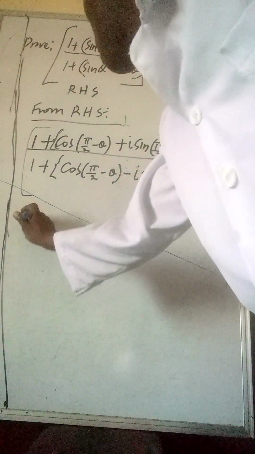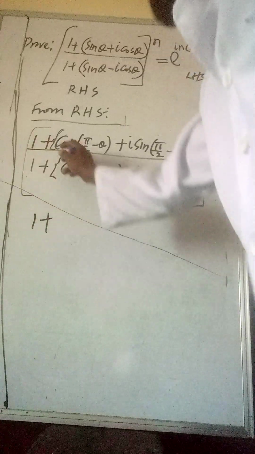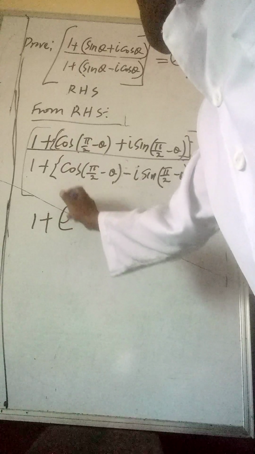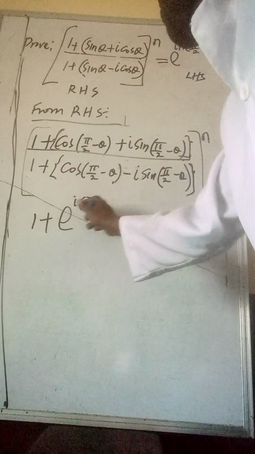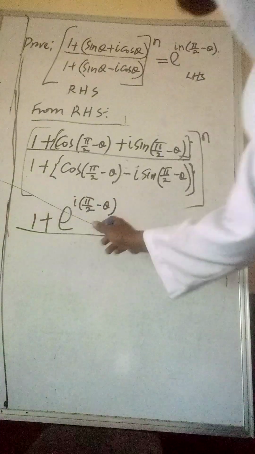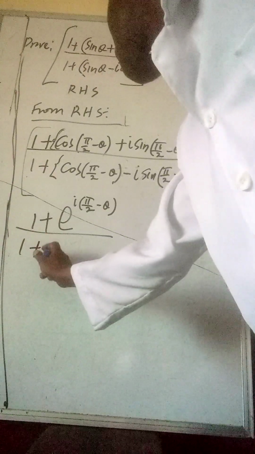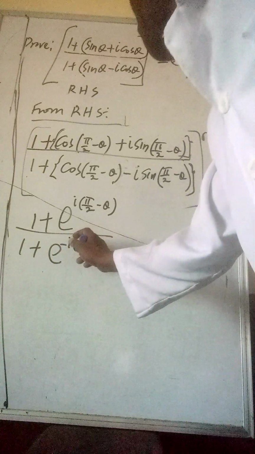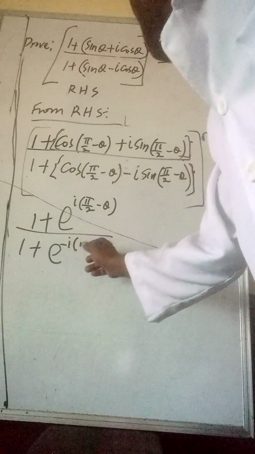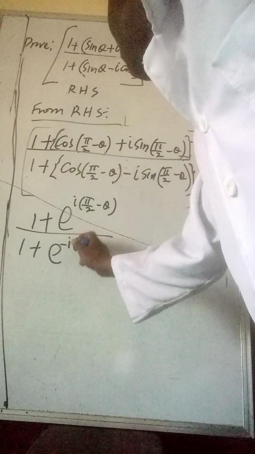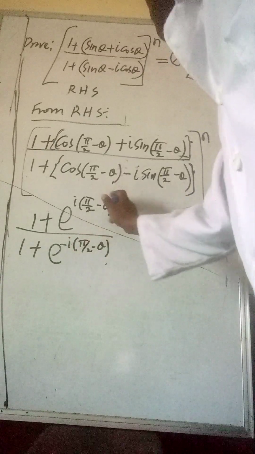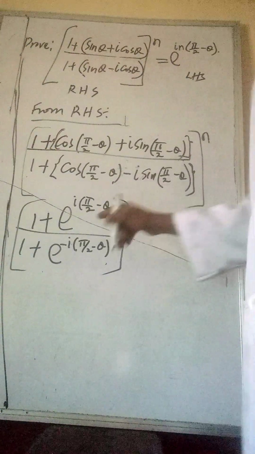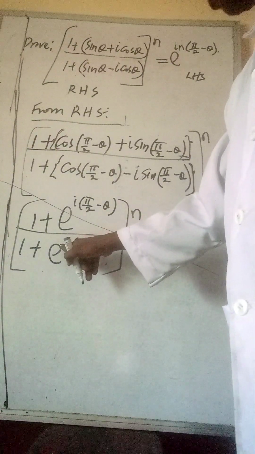So we now have 1, this one, plus the whole of this now will become e to i into bracket pi over 2 minus theta all over 1 plus e to negative i into bracket pi over 2 minus theta, all in bracket raised to power what? n. So I want to rewrite this one so that this negative will leave here.